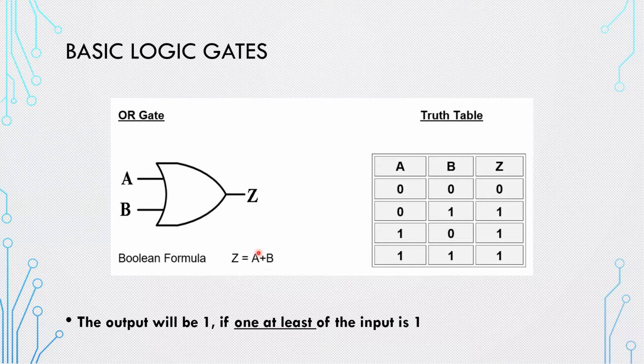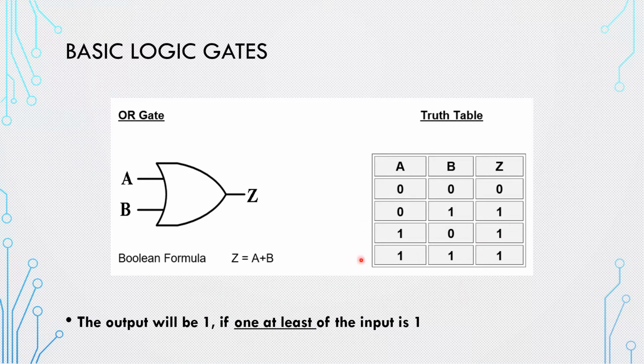Again, we don't call this summation, because here we have a different operation. We don't have algebraic operations. We don't have numbers to add. We have logic to understand. So either A or B being 1 is enough to have the output be 1.